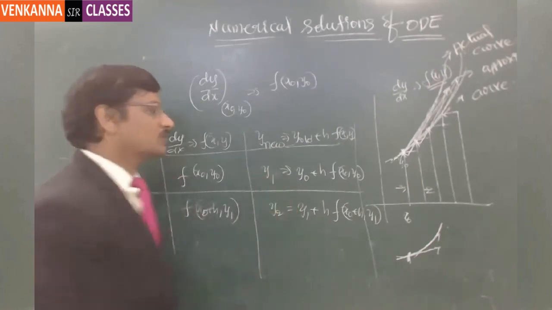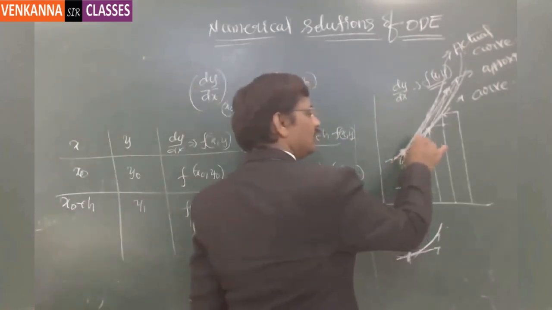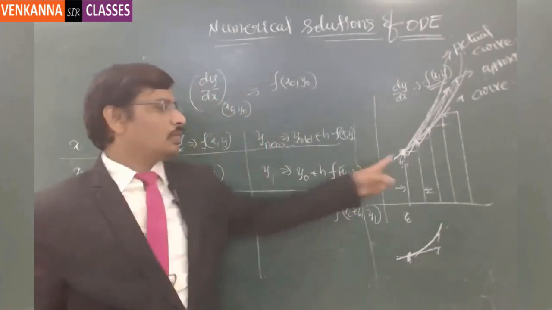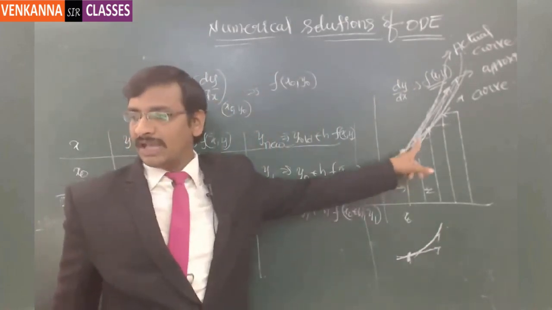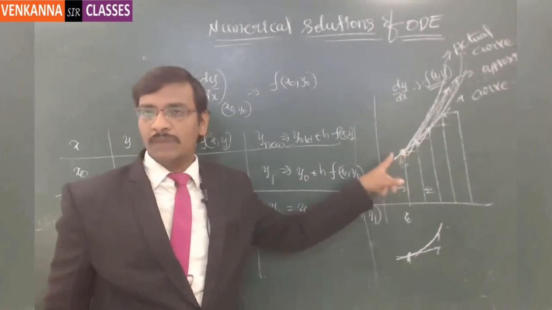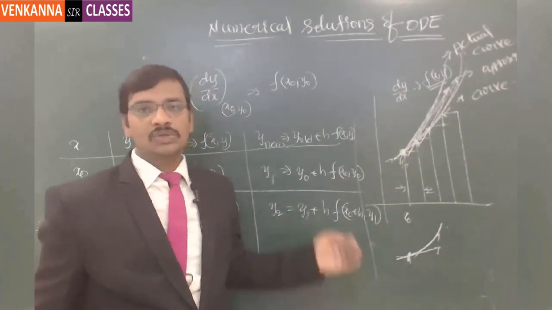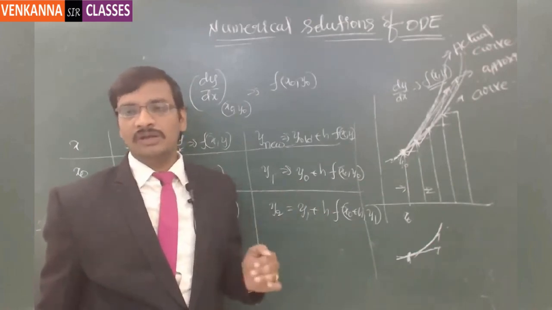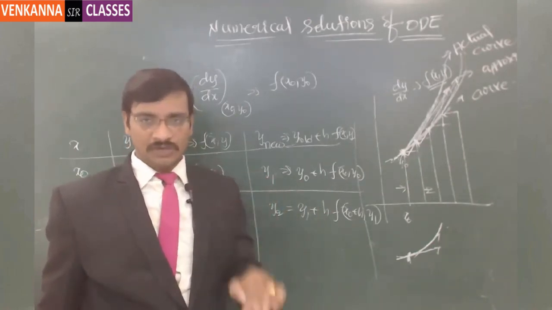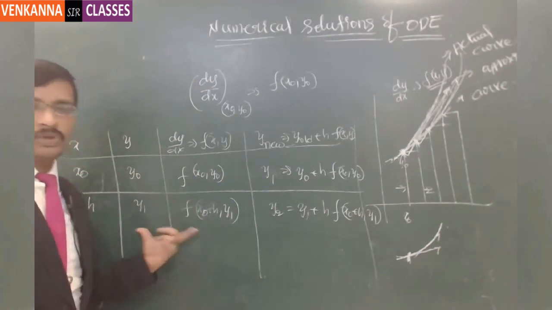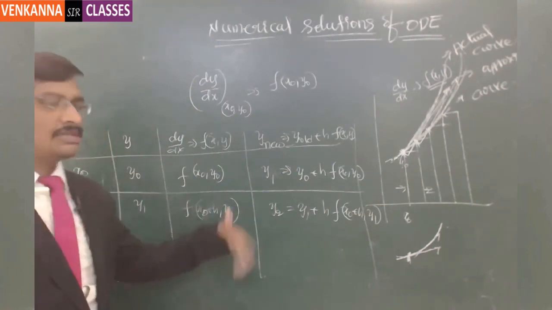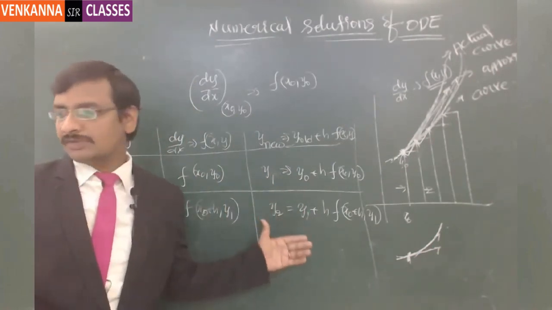Instead of considering one slope, you take the average of these two slopes to calculate the value of y1. This procedure is repeated so that you get a more accurate value of y1. Once you have enough accuracy for y1, you go to the next step to calculate y2, and the same procedure is repeated for better accuracy for y2 as well.